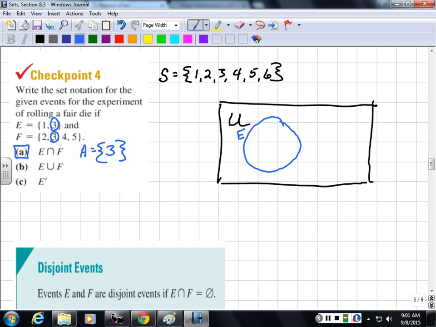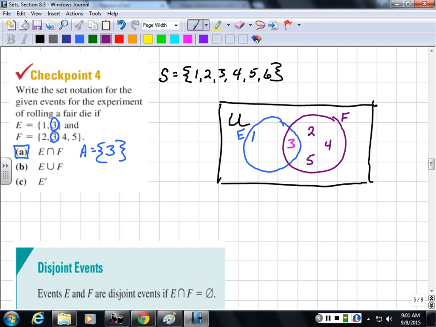And then I'm going to write the event F. I'm going to assume there's some overlap. And I know there's overlap because I just showed you that there was overlap. And I can write 3 right here in the intersection of E and F. E still contains the value 1, and F is going to contain 2, 4, and 5.